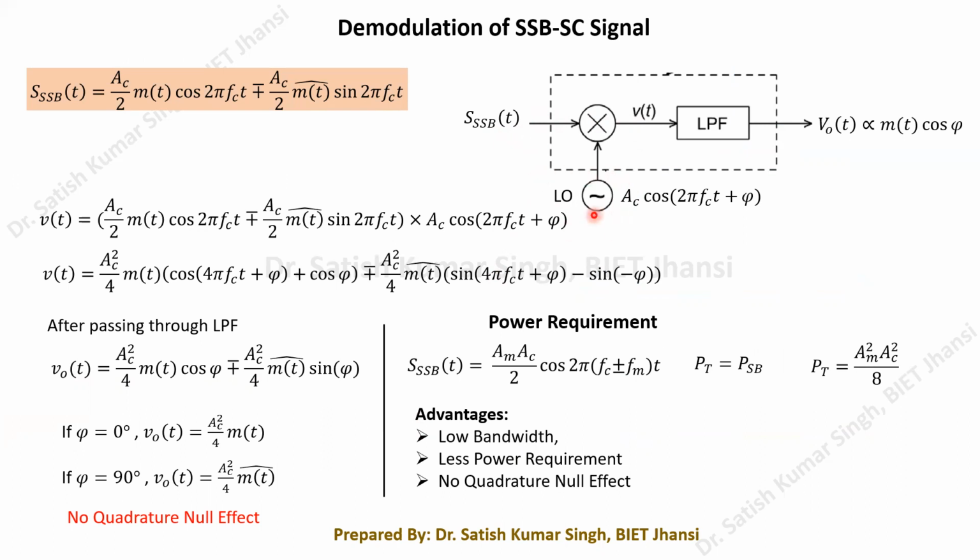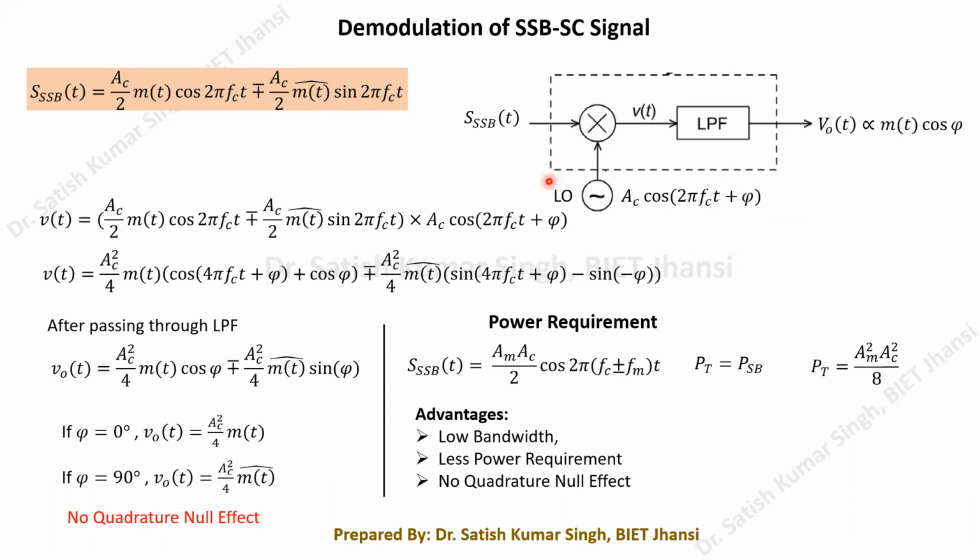The same carrier we can use. Let us suppose that we are again using the carrier Ac cos(2π fc t + φ), with a certain phase offset, a phase error φ, at the demodulator end.